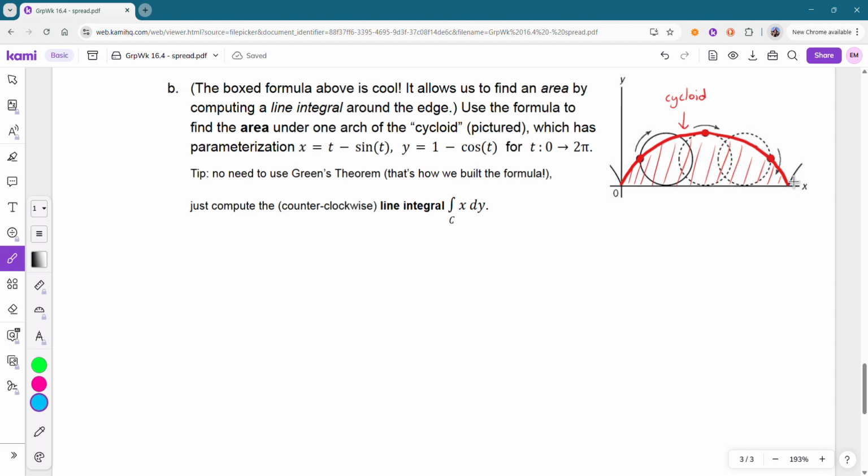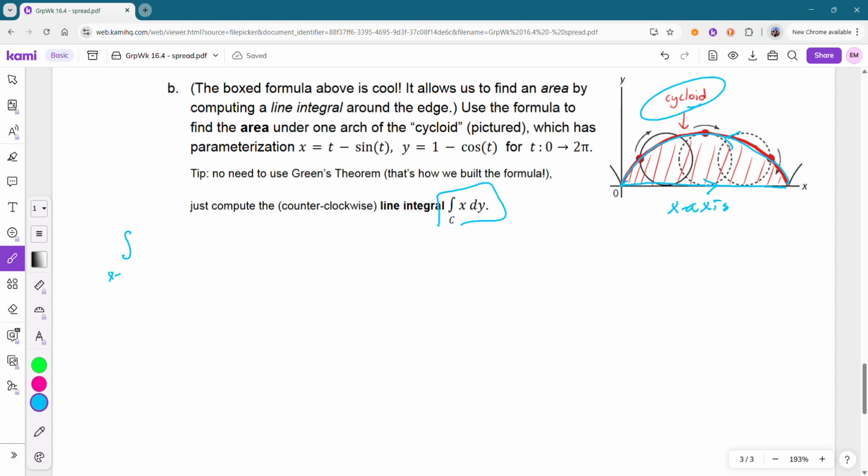If we want to find the area bounded by one arch of the cycloid using our formula, we need to compute the line integral around the outside edge. And we do need to go around all of it, so we will have a portion along the x-axis, and then we'll want to move backwards along the cycloid. So, to compute this line integral, we'll have two pieces.